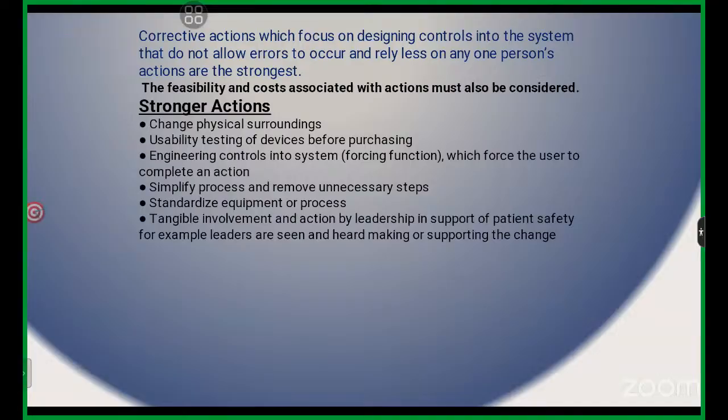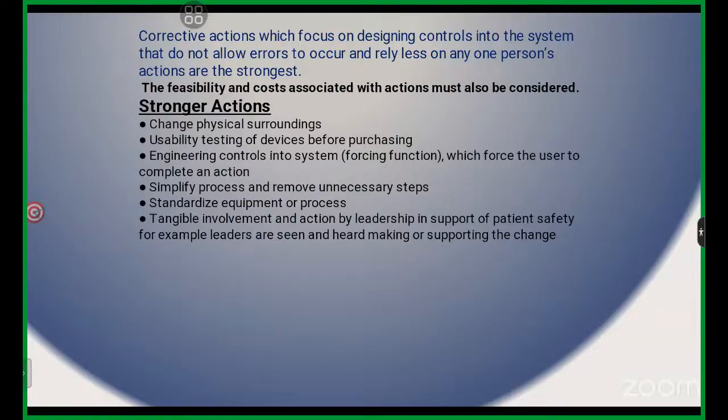Now, you need to simplify processes and remove unnecessary steps, and standardize equipment and processes. You also have to use tangible involvement and action by leadership in support of patient safety. For example, leaders are seen and heard making or supporting a change. So leadership is also key.